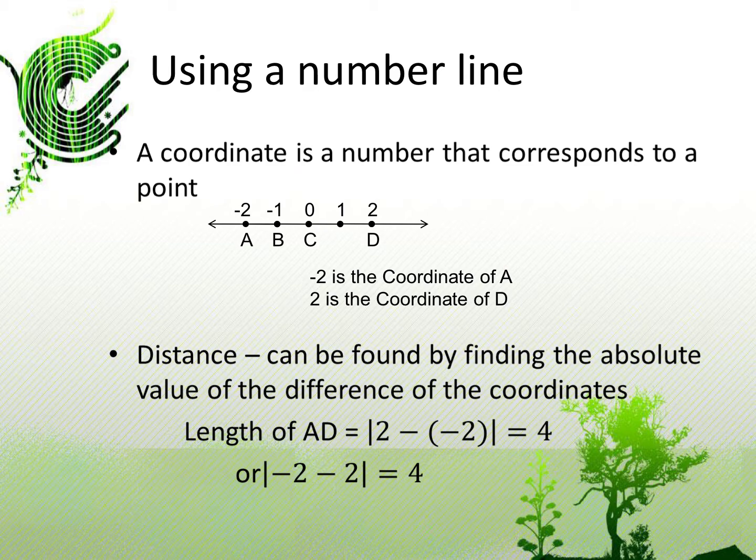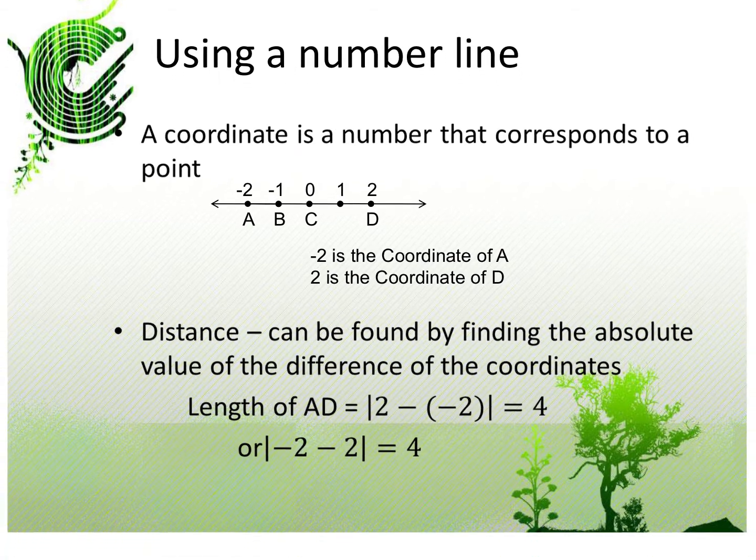Now, if you don't want to find the absolute value when you're done, you could always just choose to always subtract the smaller coordinate from the bigger coordinate. So you could always do big minus little, but I'm going to show you both ways here.